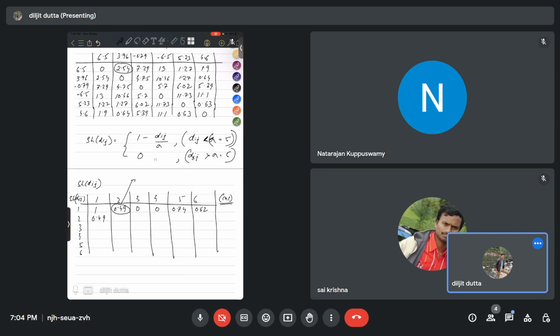So here 2.54 is less than 5, so we calculate 1 minus 2.54 by 5, which comes to 0.49. Okay, sir. And here you can see it is 7.29. This is greater than 5. If it is greater than sigma, then we replace it with 0. So that's why it is 0 here. Okay.